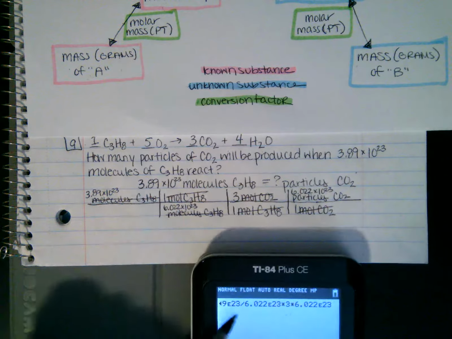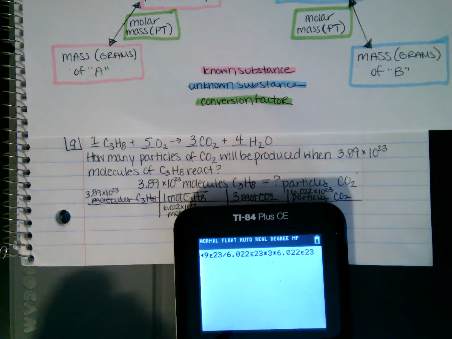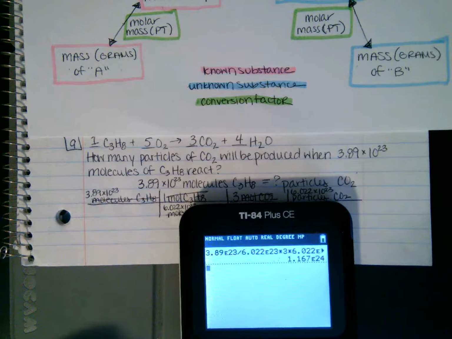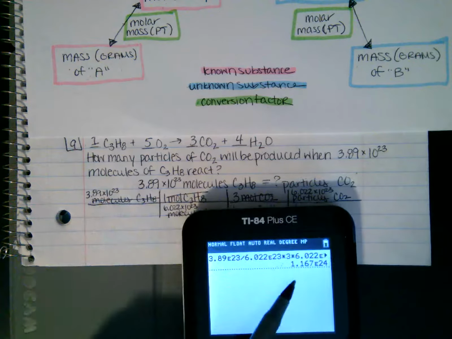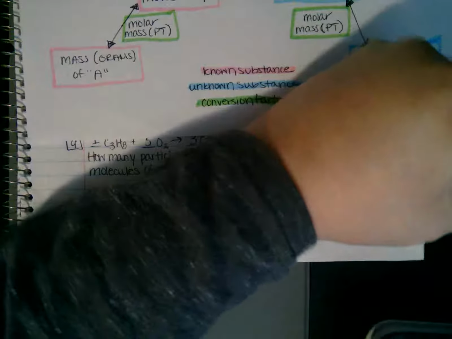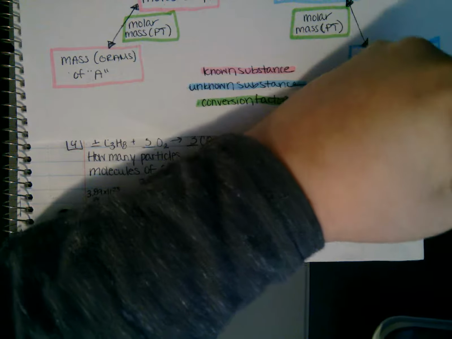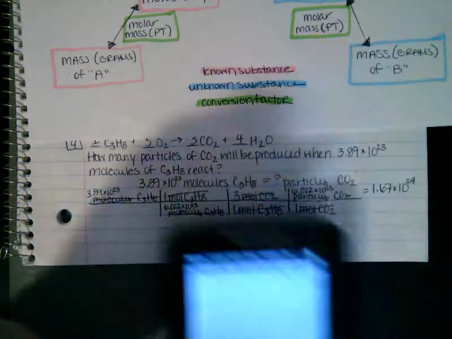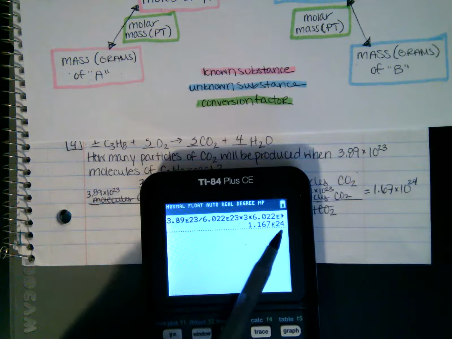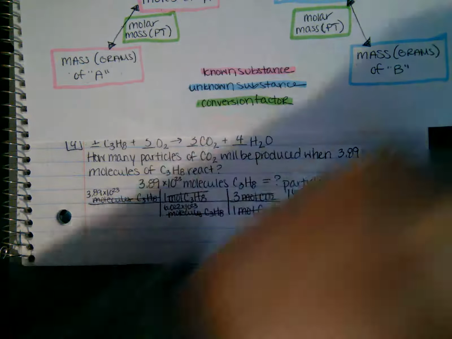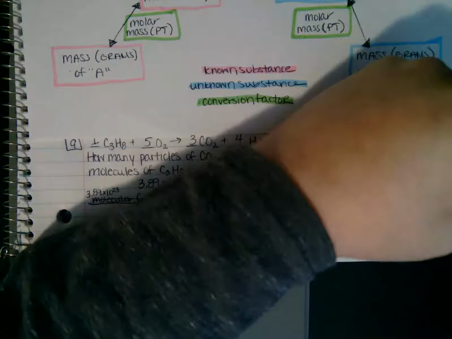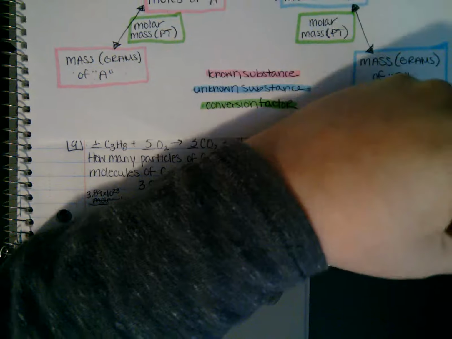So this calculation was including Avogadro's number. When we do that, we get, rounded to 3 sig figs, 1.67 E24. Make sure you're reading your whole screen. E24 times 10 to the 24th particles of carbon dioxide.